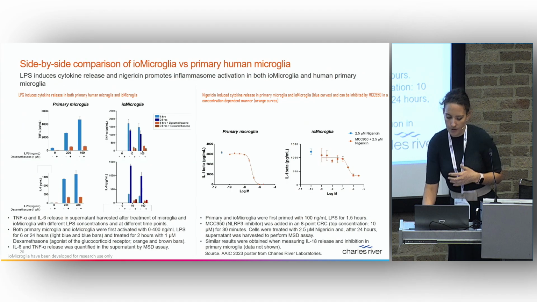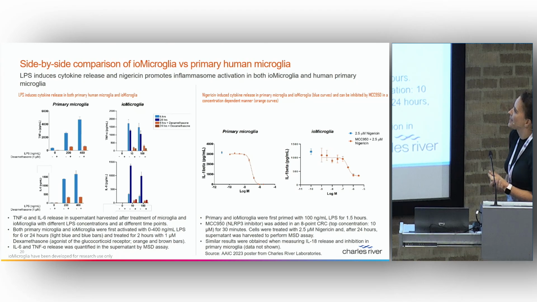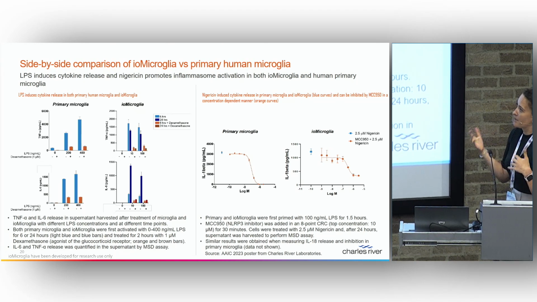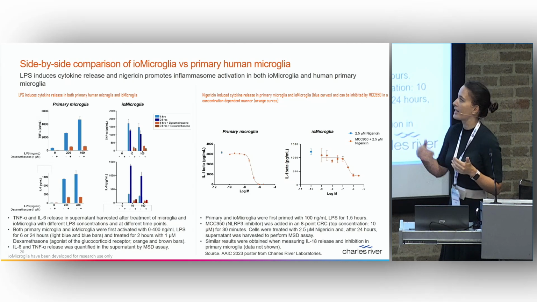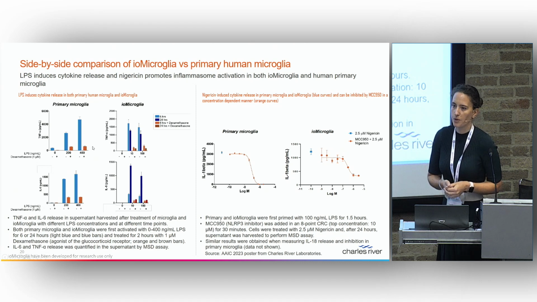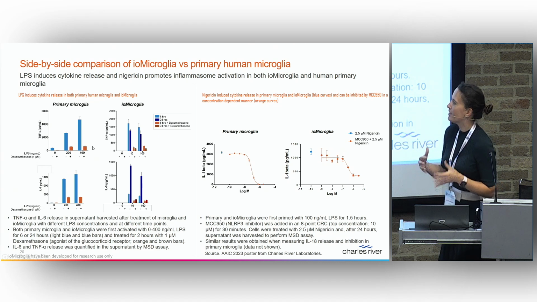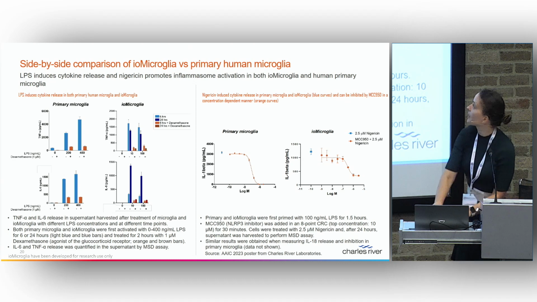But also Charles River has recently presented a poster at the Alzheimer's Association meeting this year, looking at similarities between stimulation of primary human microglia and our iPSC microglia. With the treatment of LPS and dexamethasone, they looked at TNF-alpha secretion and IL-6, and you can see that both cell types respond to that stimulus in differing levels, but they do both respond in a similar way.